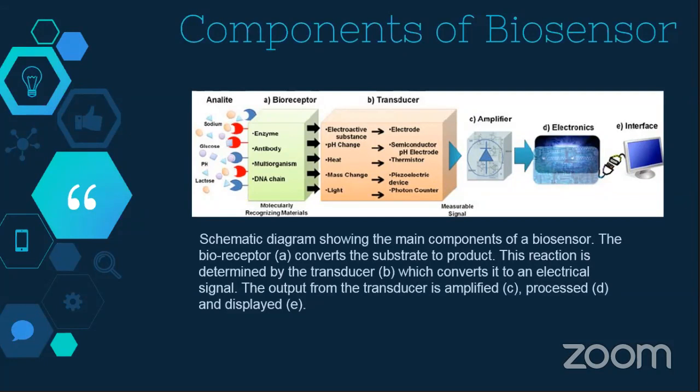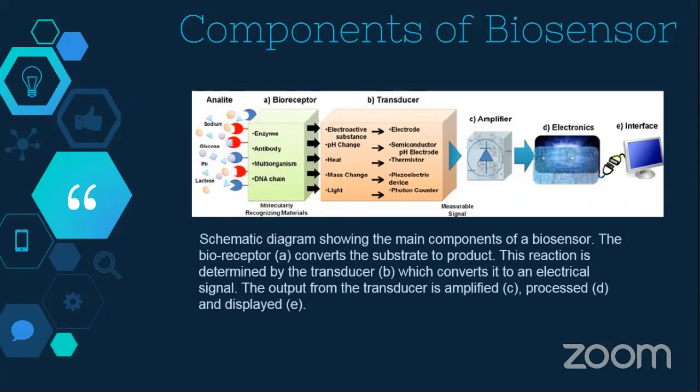The process of signal generation depends upon the interaction of the bioreceptor with the analyte. Once these two interact, you get a biorecognition. Then we move on to another component required for a biosensor, that is your transducer.